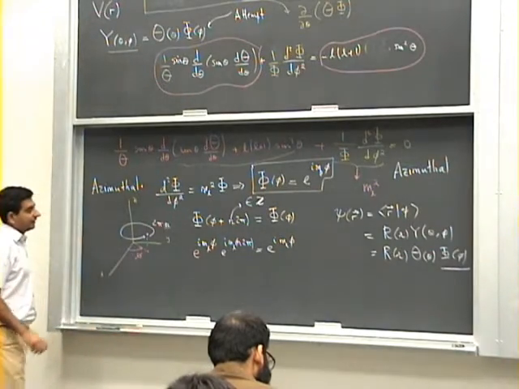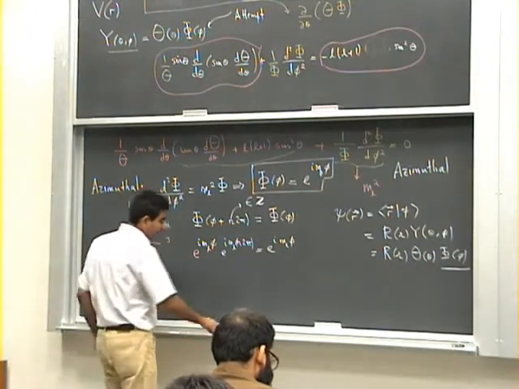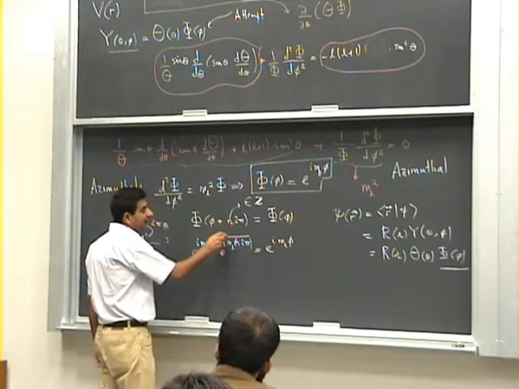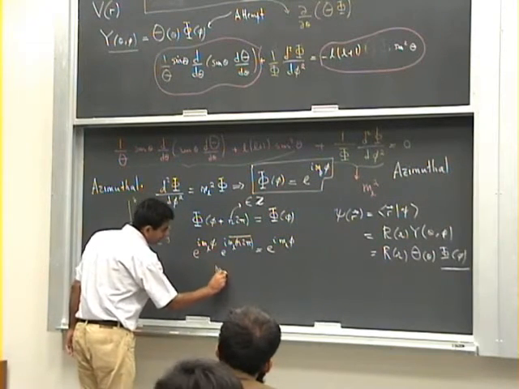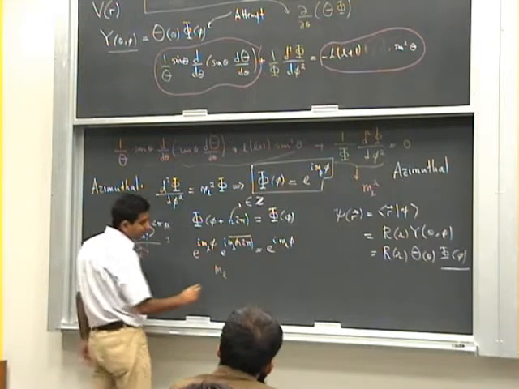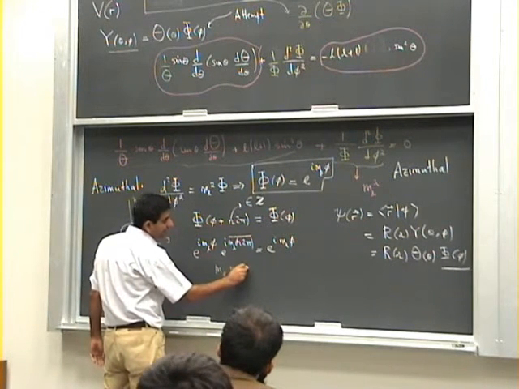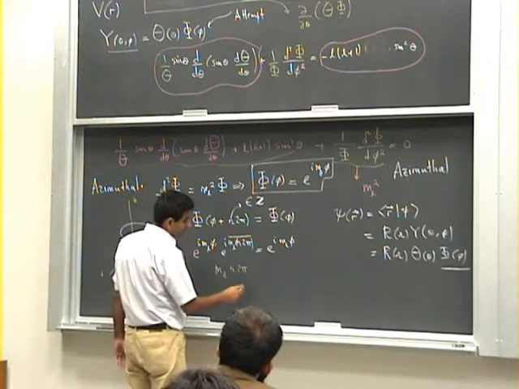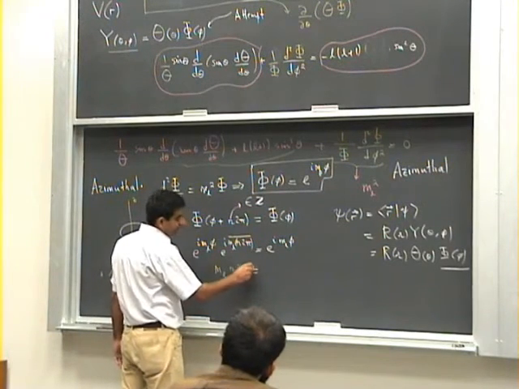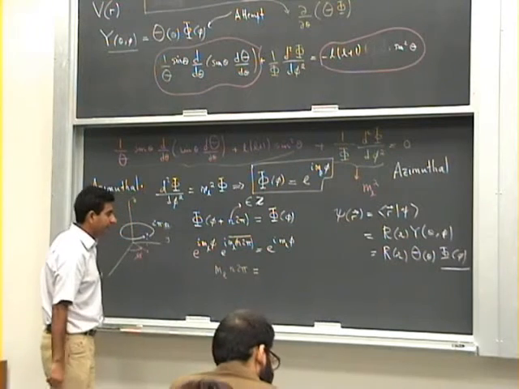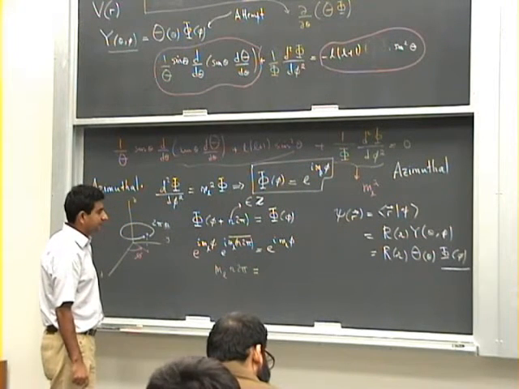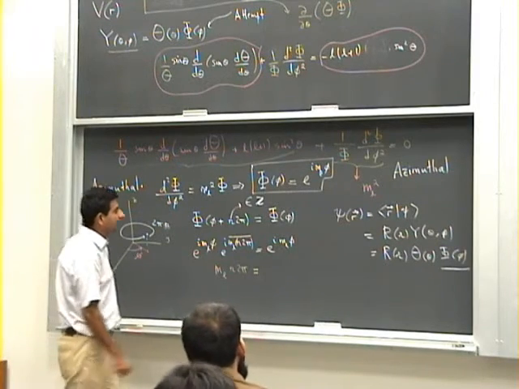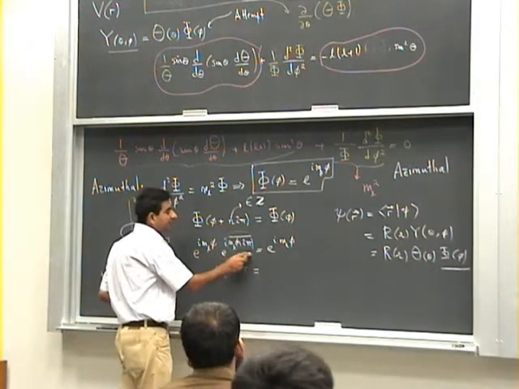Okay. Now, if this condition is to be satisfied, then this means that ml into n into 2 pi, all of this, should be a multiple of 2 pi.